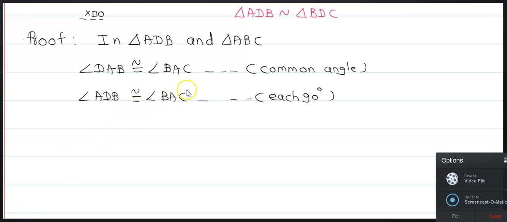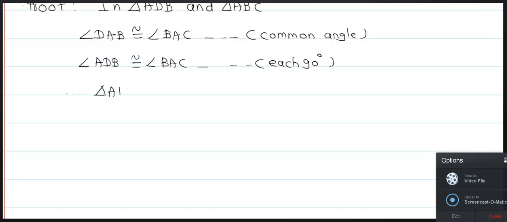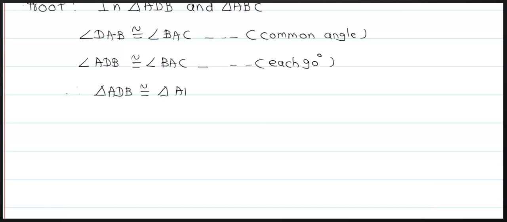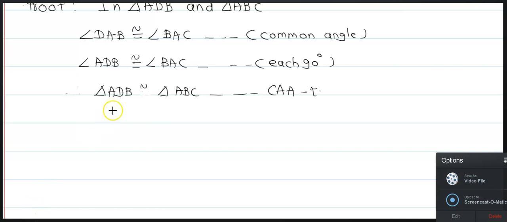One thing: by mistake I had written it wrongly here, and I changed it. This is angle ABC, so angle ADB is congruent to angle ABC. Therefore, triangle ADB is similar to triangle ABC by the angle test.